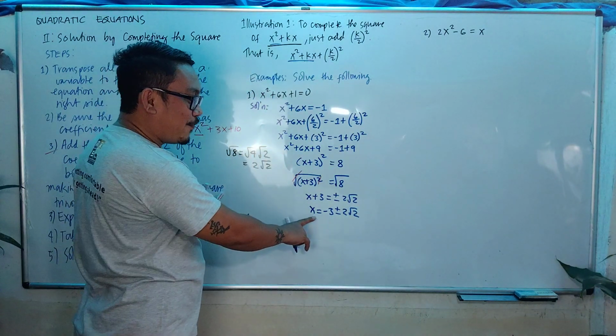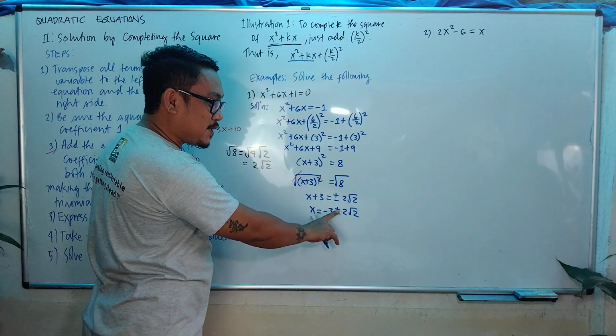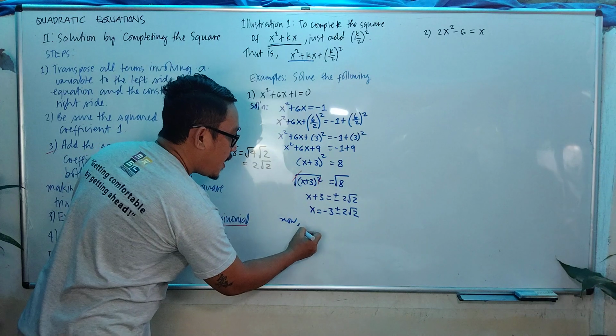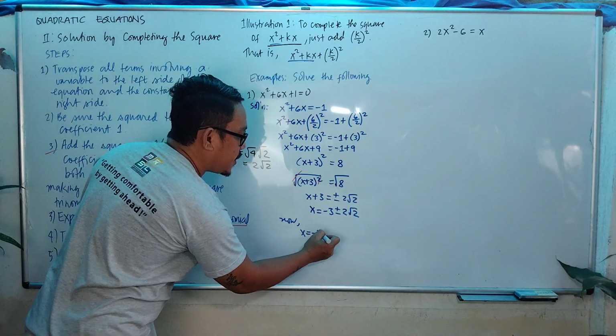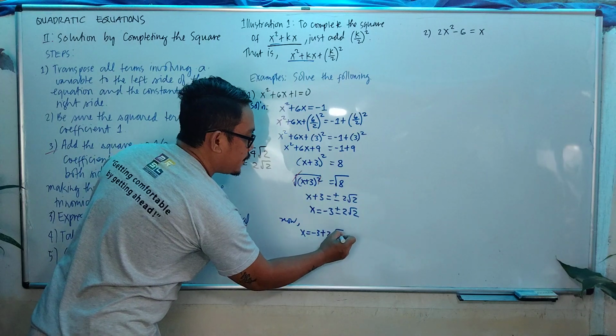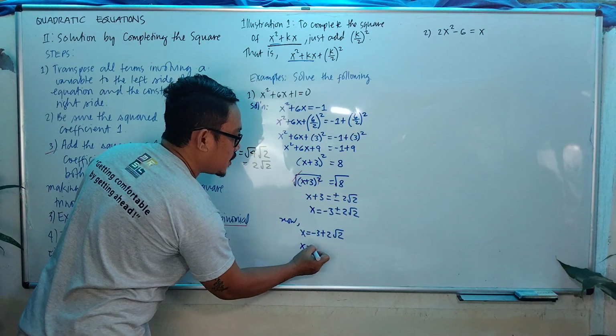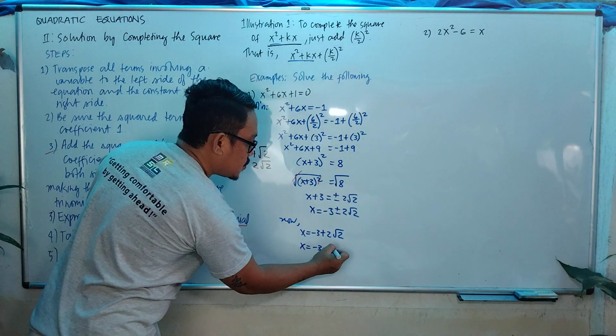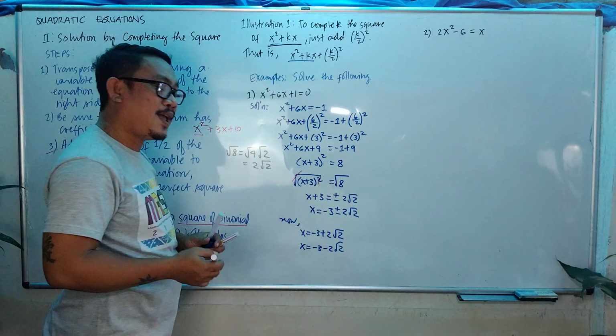Okay? Then solve for x. There are two roots, because of the plus or minus. So now we have x is equal to negative 3 plus 2 square root of 2. The other one is x is equal to negative 3 minus 2 square root of 2. Okay?